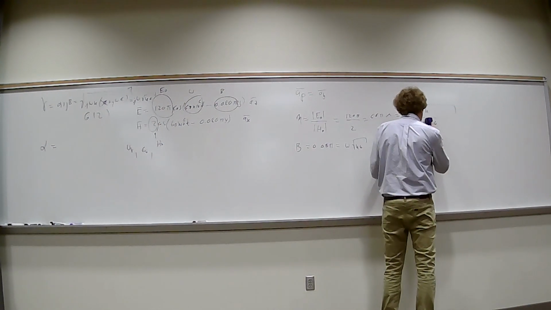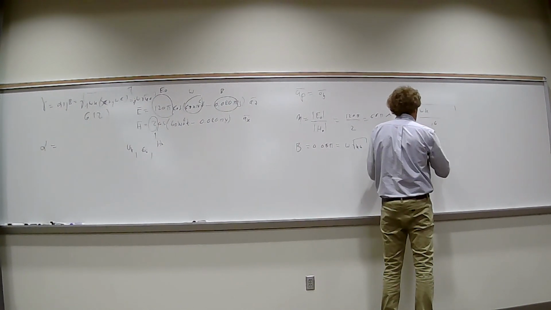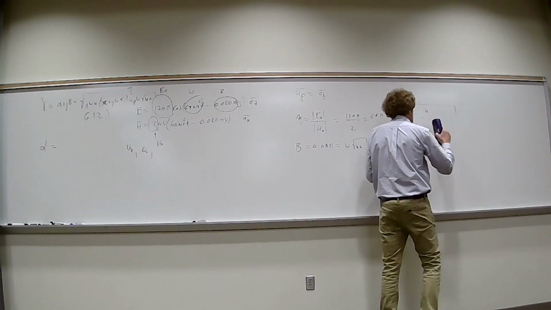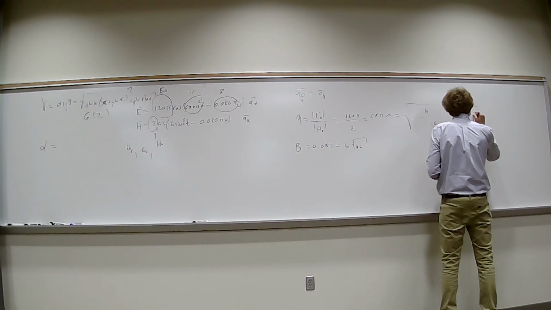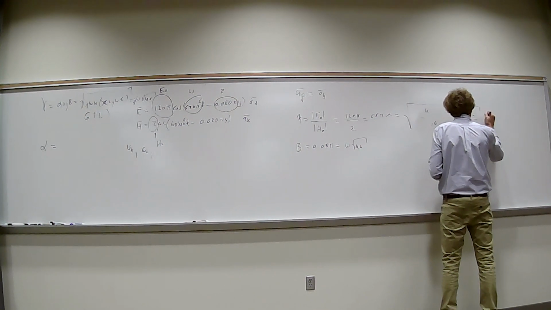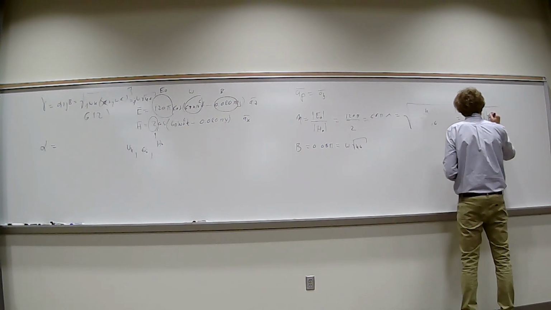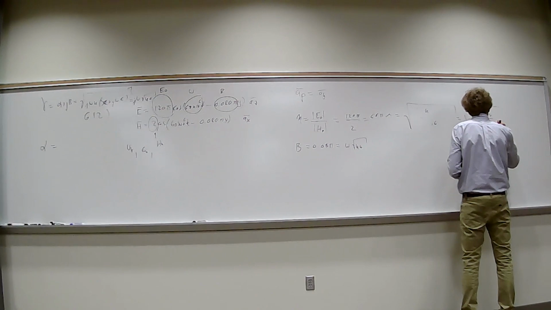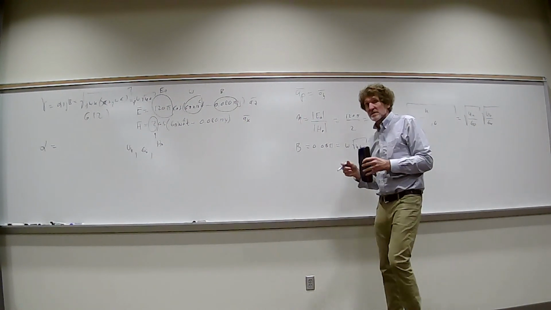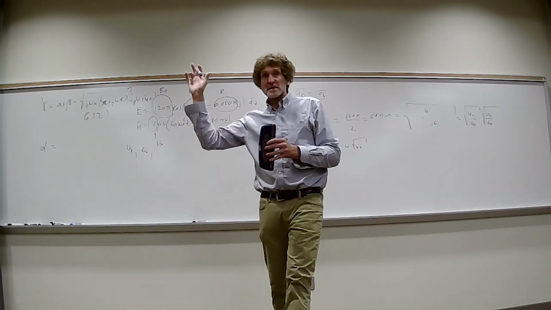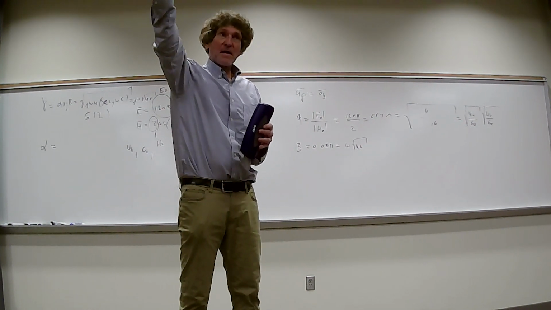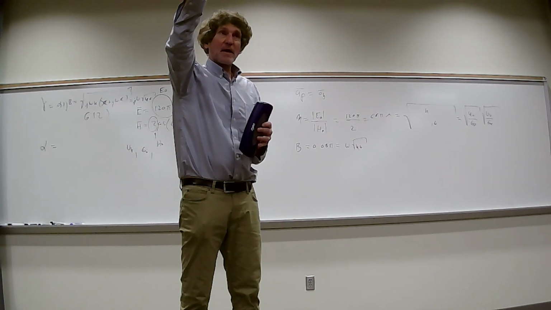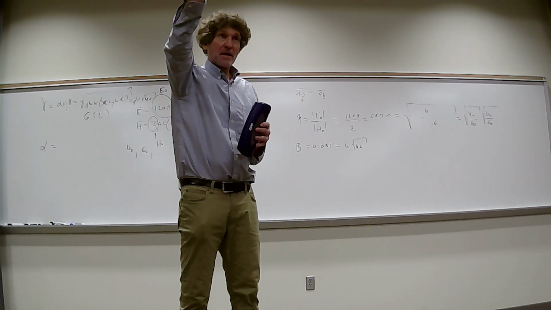So this cancels, and now you can see that really I have the square root of mu naught over epsilon naught times the square root of mu relative over epsilon relative. Everybody follow me on this, class? Can you see it in the far back?